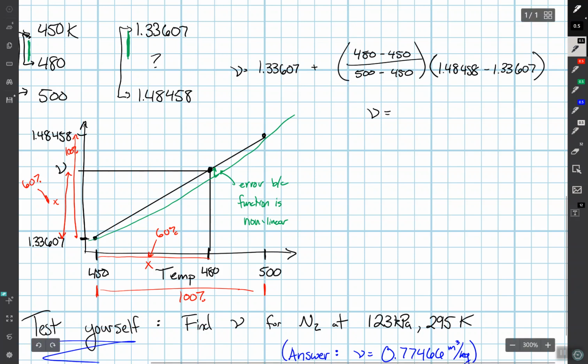So if we go and do this math, we find that nu is 1.42518, and then our units would be meters cubed per kilogram.